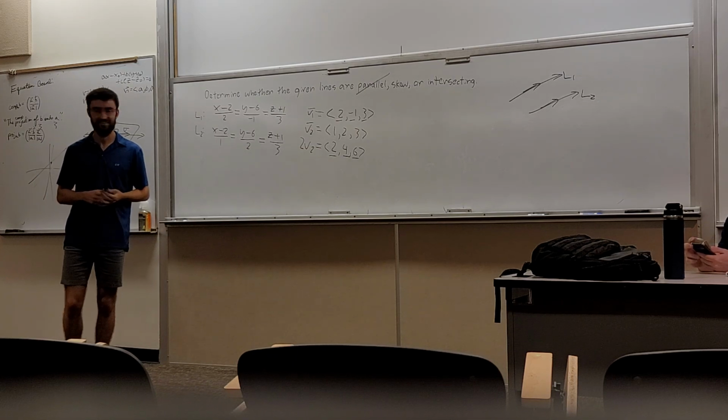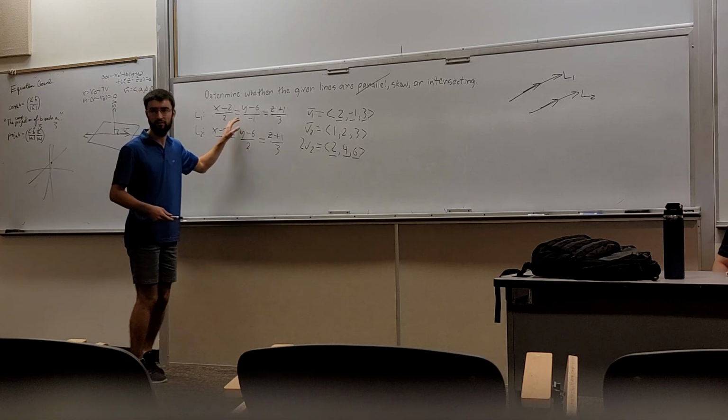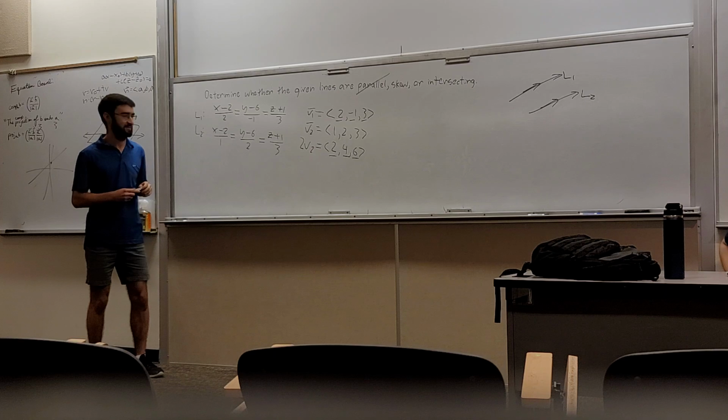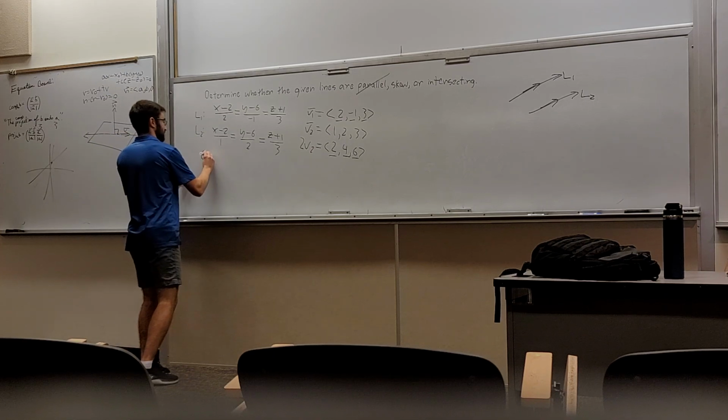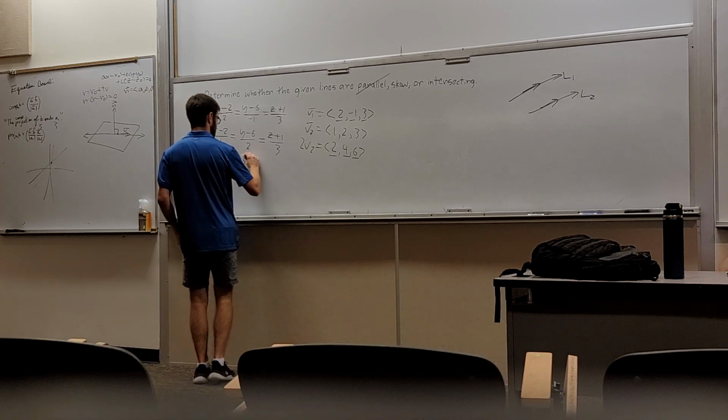Yes, it is. Everyone see that if you plug that into either of these equations, you get 0 equals 0 equals 0, and 0 equals 0 equals 0. So they're both true at the same time. So 2, 6, and -1 satisfies both equations.